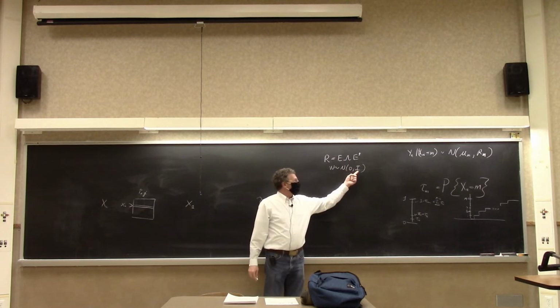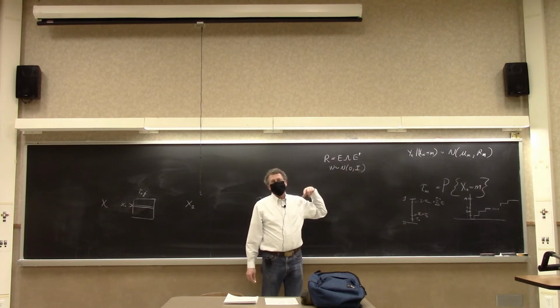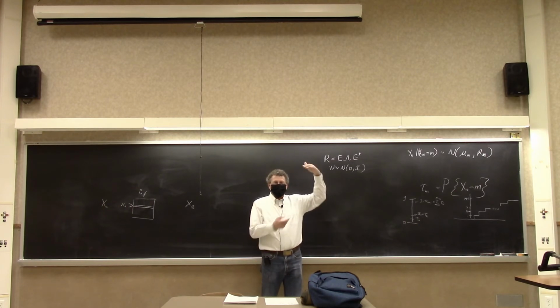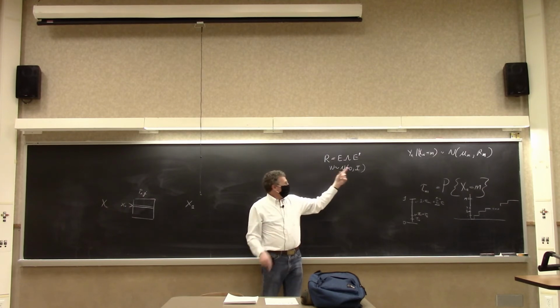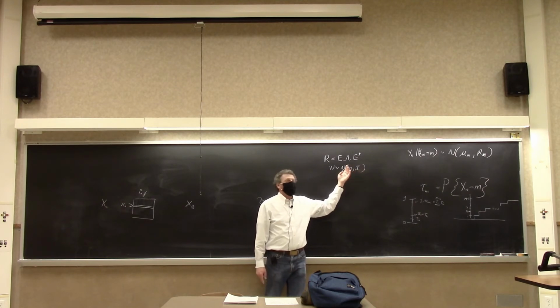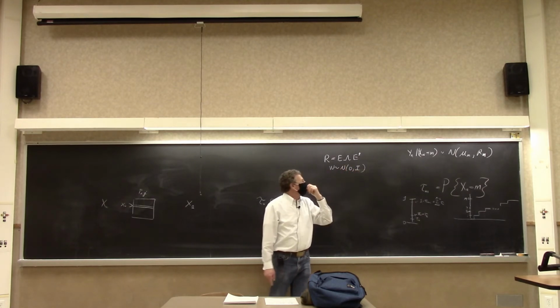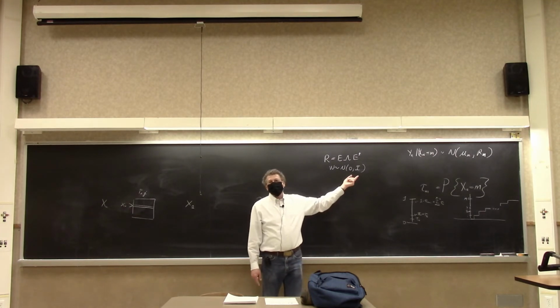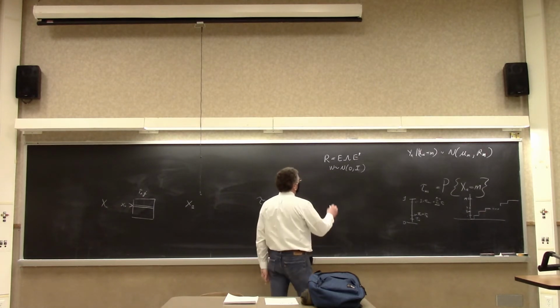If this is a p-dimensional vector, you generate p independent Gaussian random variables, stack them up, and that's got mean 0 and covariance I. The fact that I is diagonal, what does it tell you? They're independent, or uncorrelated really. They're uncorrelated, but they're independent because it's Gaussian. And what does it tell you about their variance? 1. Okay.